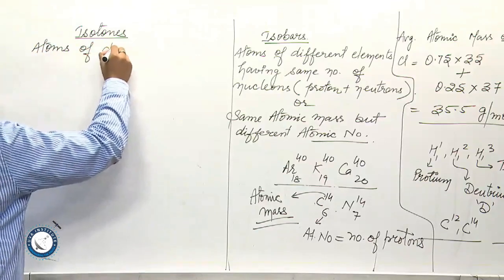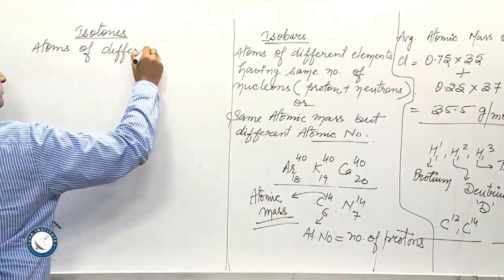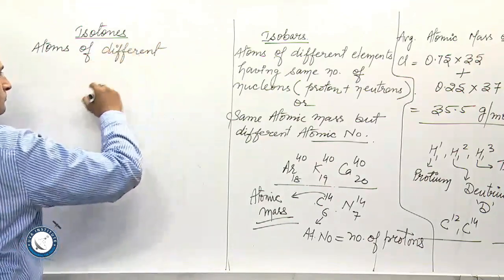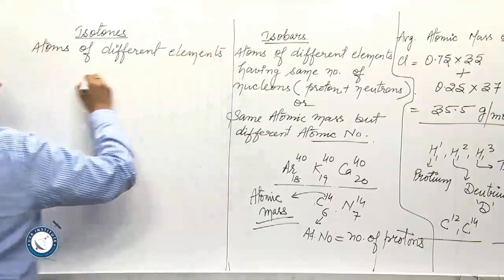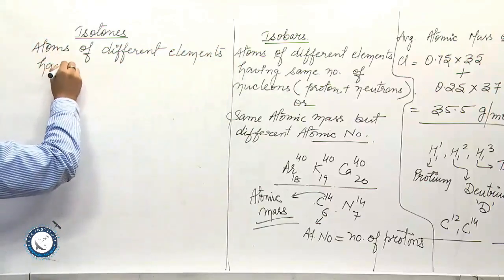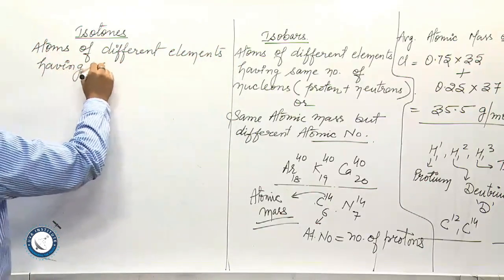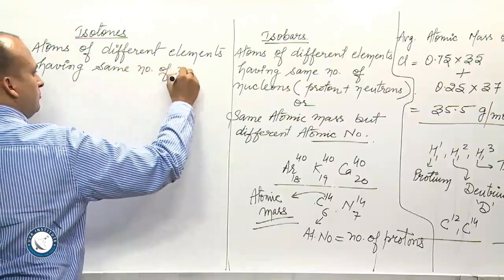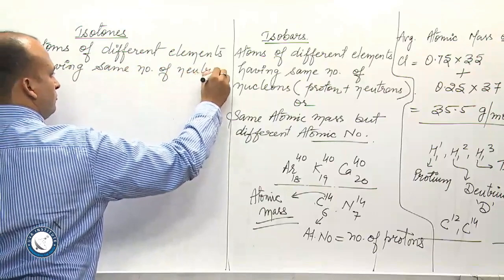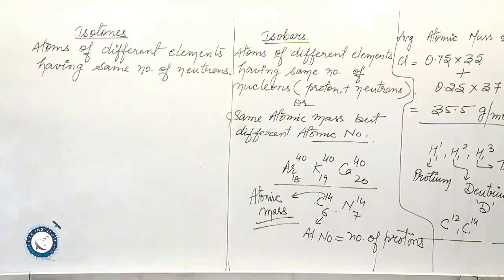Isotones: atoms of different elements having the same number of neutrons.